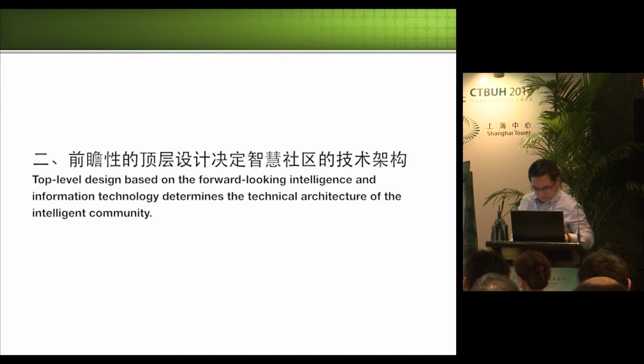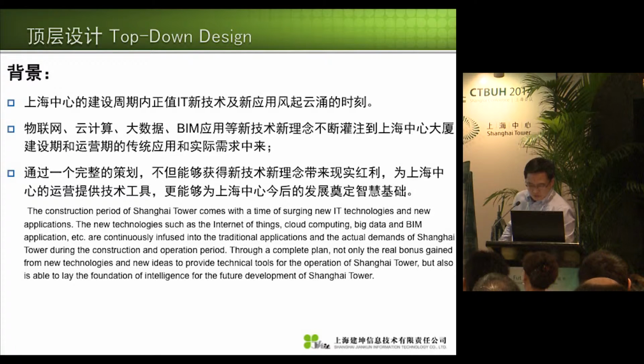And we also have 15 IT application systems. And we will also estimate some other information generated by around 20,000 people inside the building. And of course, we will try to converge all these data into our information-based systems in order to make further breakthroughs. And during the construction period of Shanghai Tower, a lot of new and emerging technologies came up.